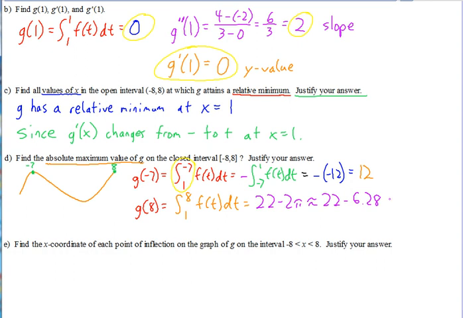So now we can say 22 minus 2 pi is the absolute maximum value of g on the interval from -8 to 8.